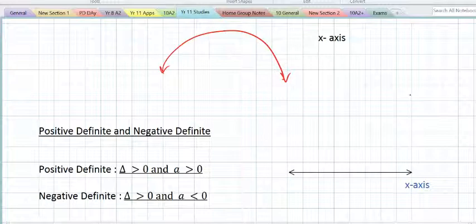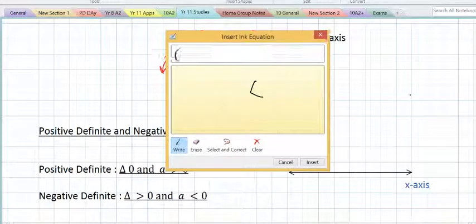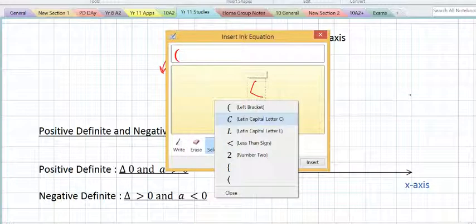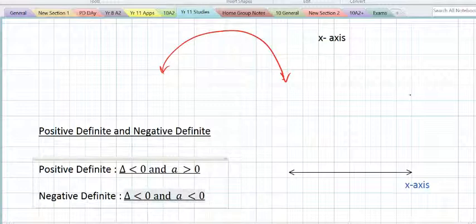It's negative definite if the discriminant is less than 0 and a is less than 0. My apologies, I was saying it right, reading it wrong. The discriminant needs to be less than 0. Alright.